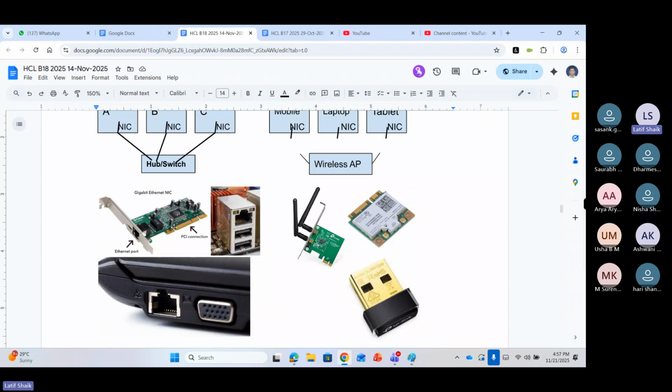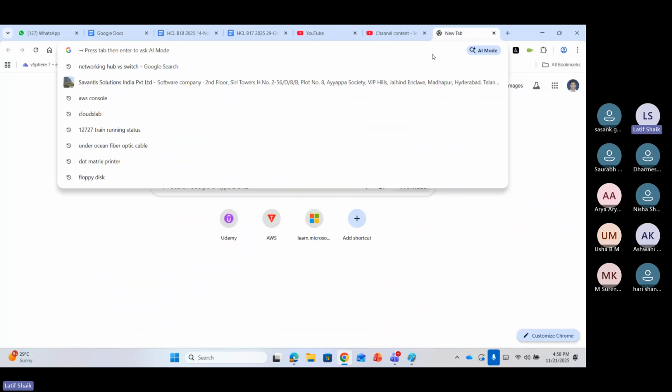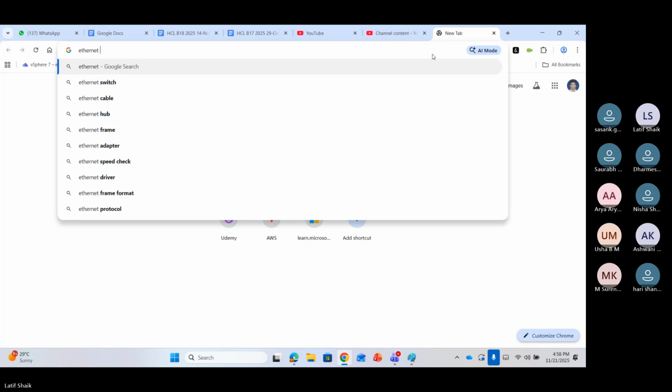Okay, so this Ethernet card looks like this one.